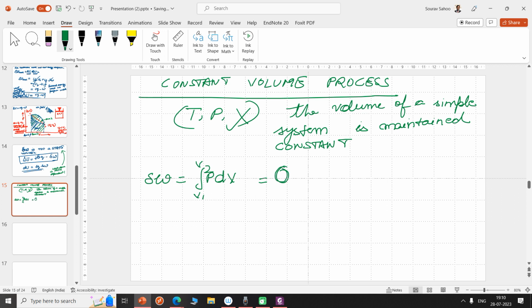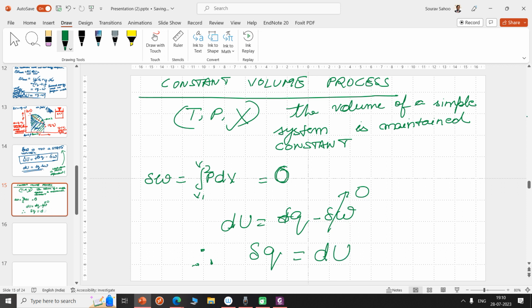Now, if it is 0, what we have from the first law of thermodynamics is that this term turns out to be 0. Therefore, all of my heat is changing the internal energy, right?